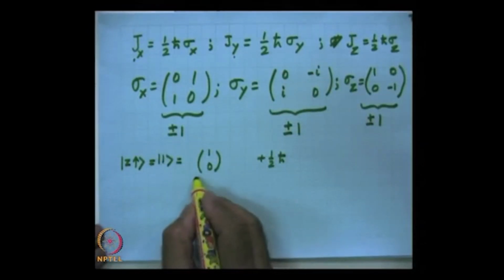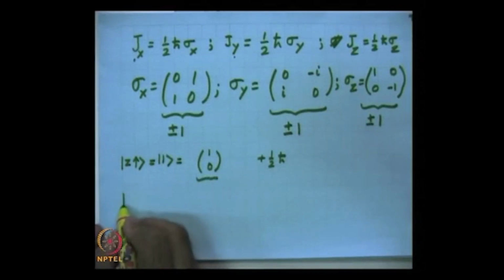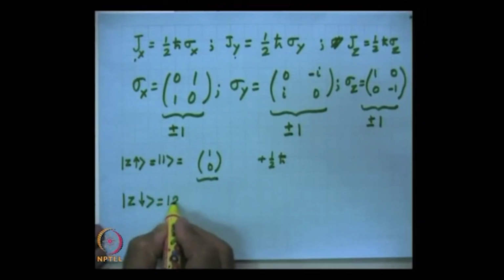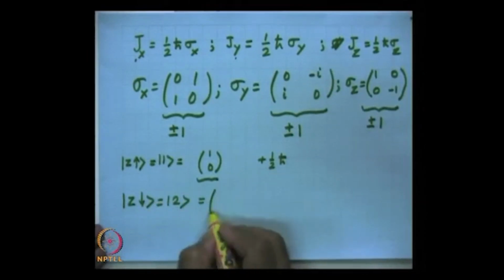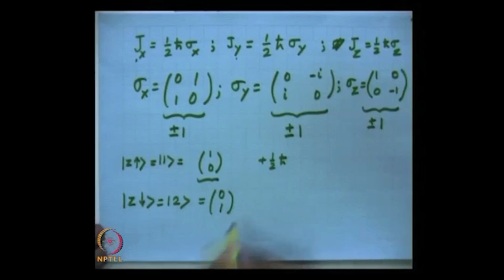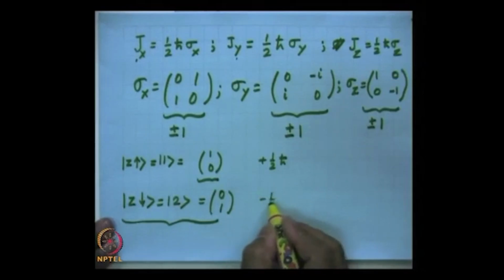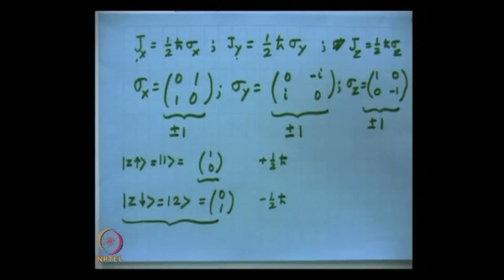These are the simultaneous eigenkets. Similarly, the z down state is the second state, denoted by (0, 1). If the system is in this state and I make a measurement of J_z, I will obtain minus half h cross.